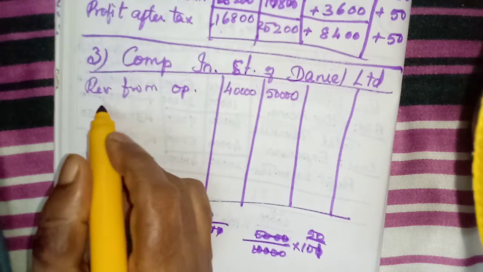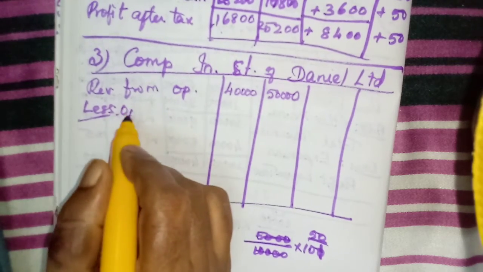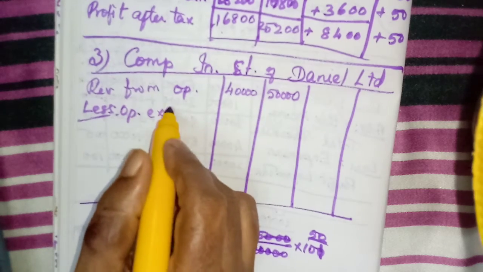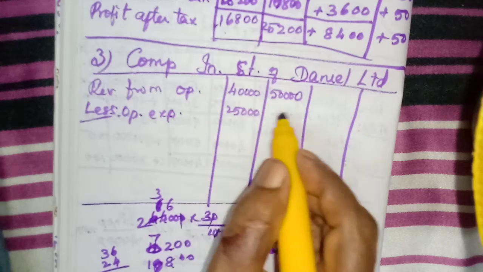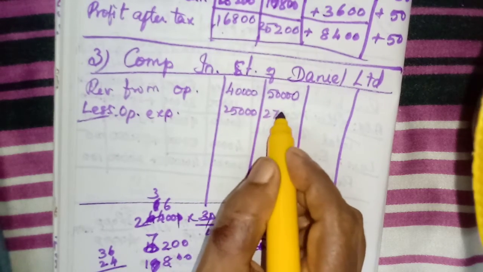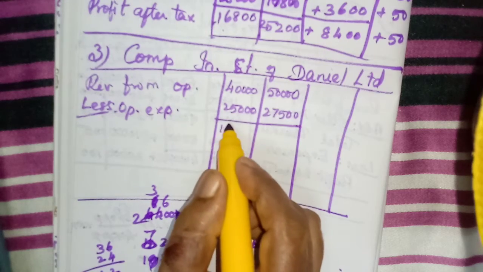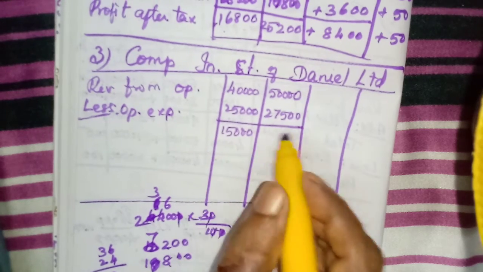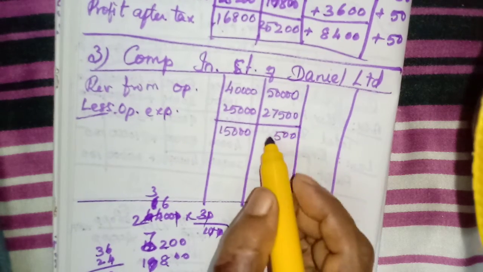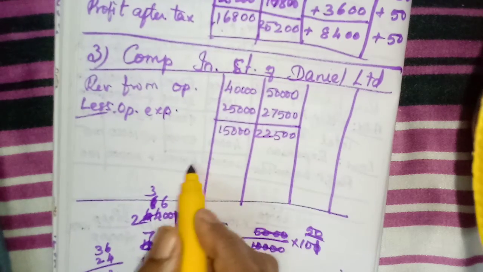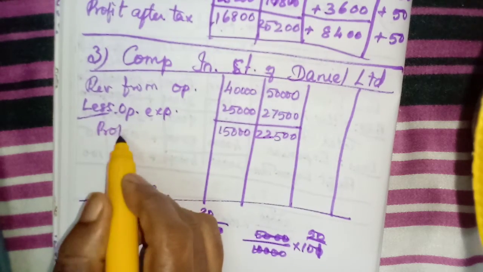Then operating expense less operating expense 25,000, 27,500. So less 15,000. Here 22,500. This is profit before tax.